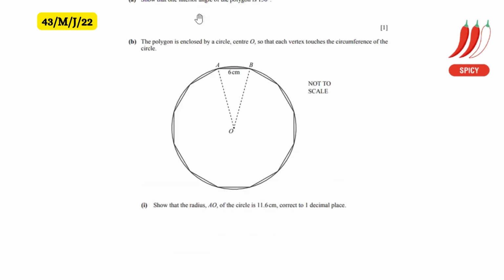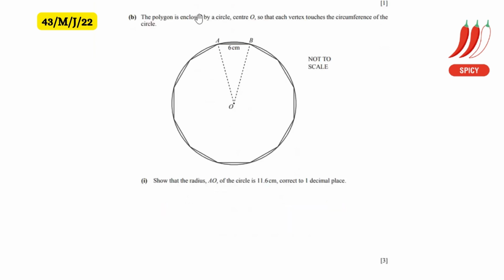Then it says the polygon is enclosed by a circle center O so that each vertex touches the circumference of the circle. Show that the radius AO of the circle is 11.6 centimeters correct to 1 decimal place. So it's a regular polygon, which means all of these lengths are the same.